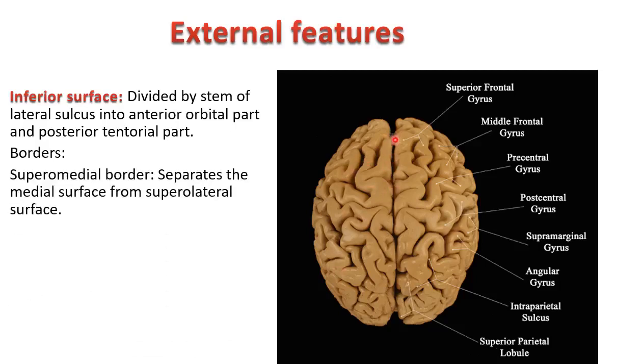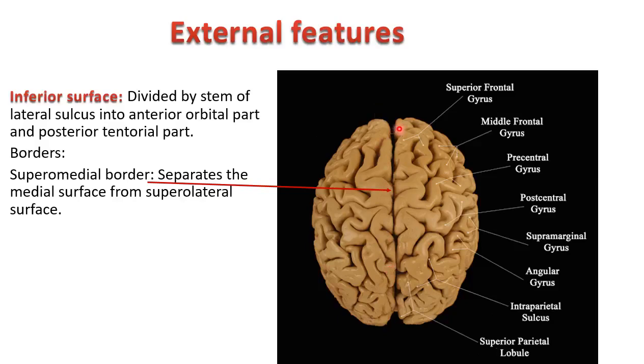These two, the lateral surface and the medial surface, are separated by the superolateral border. You are able to see it in both hemispheres.